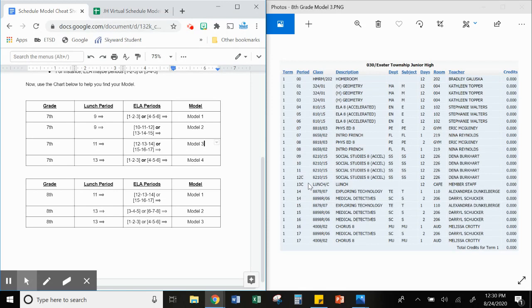We now need to look for our ELA class. ELA in this schedule is 4, 5, and 6. It could also be 1, 2, and 3. In a Model 3 schedule, we now have a 13 for the lunch period, a 4, 5, and 6 ELA. So for this 8th grade student, they will follow Model 3.